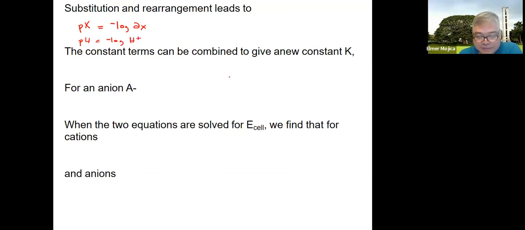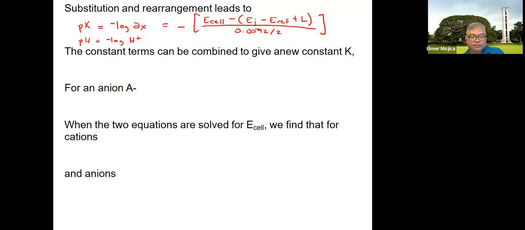So the negative of that is E cell minus the junction potential minus the reference electrode plus L. So what are the constant terms that we can combine to give a new constant here?